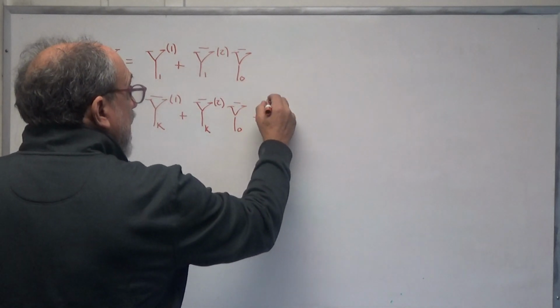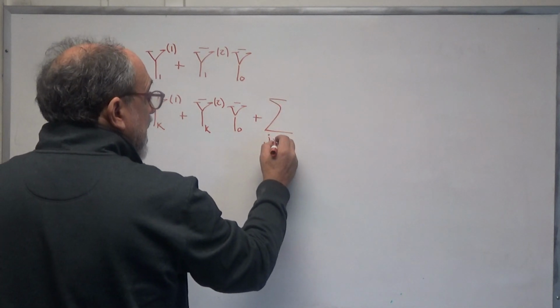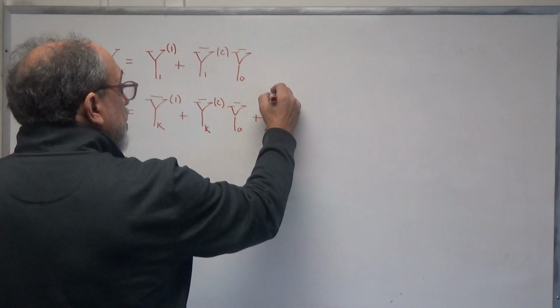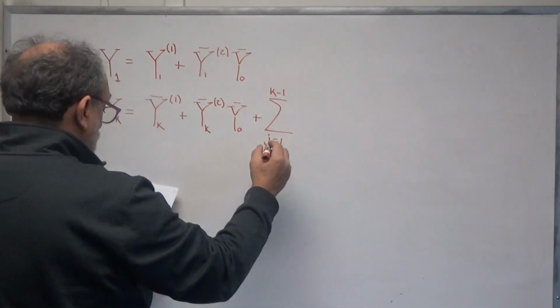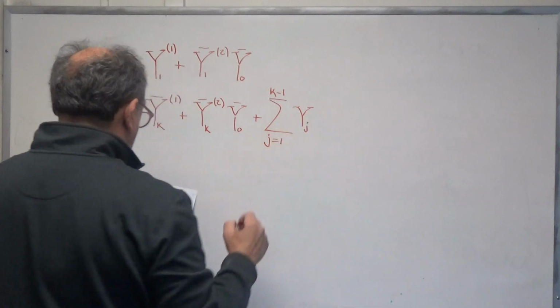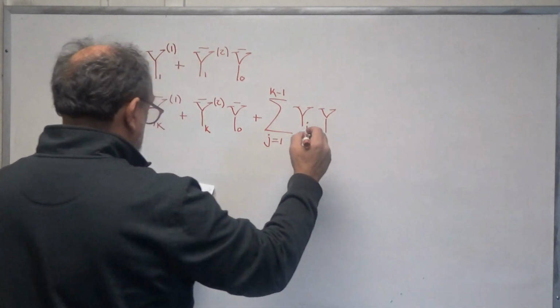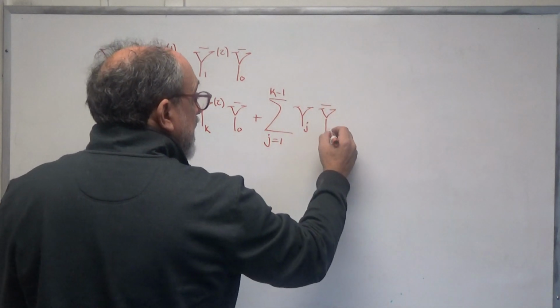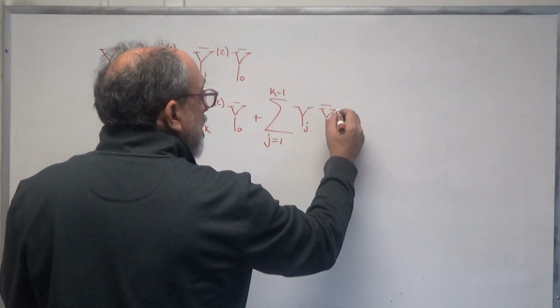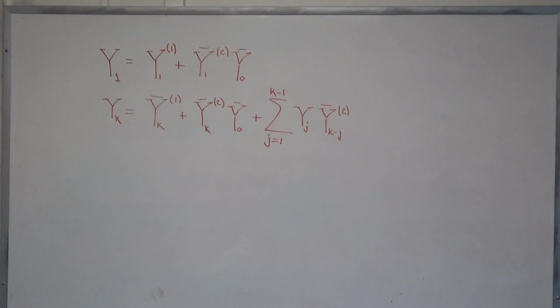But you also have this summation here, from J equals 1 to K minus 1 of the previous Markov parameters Yj times the previous observer Markov parameters K minus J part 2. Okay? That is the sequence that one has to program.